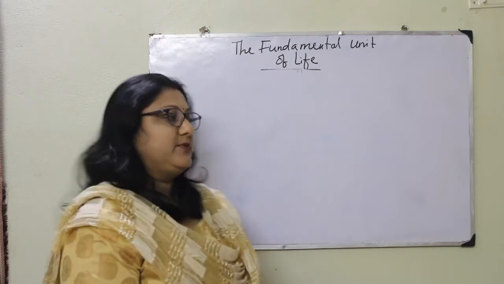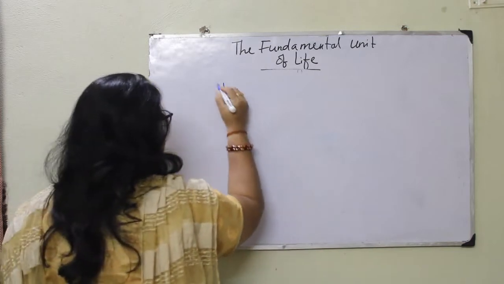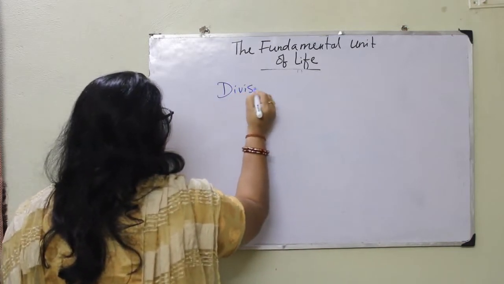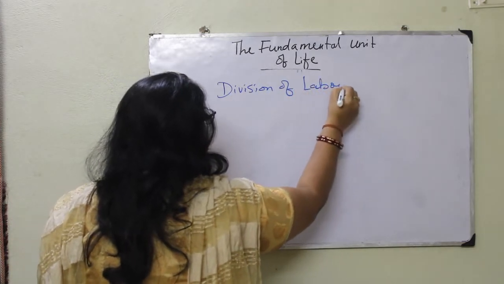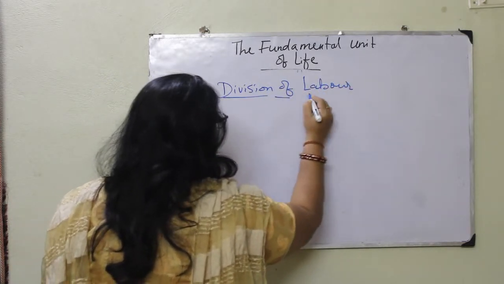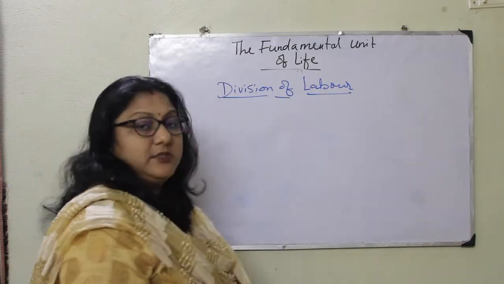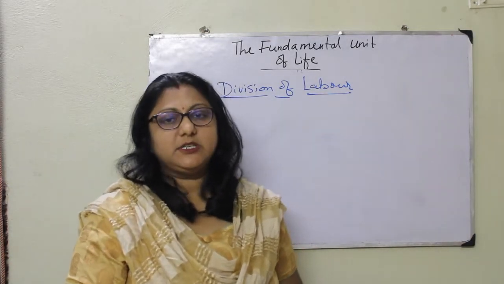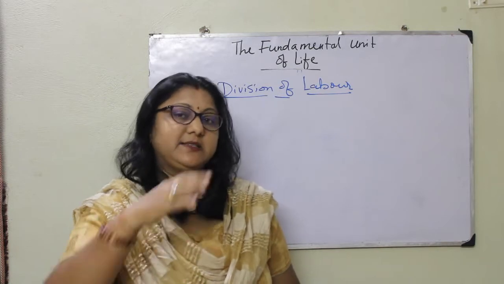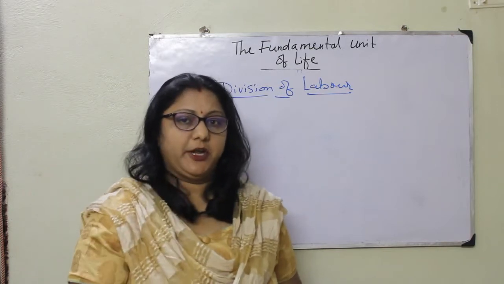Right? Okay. Now the next is the cells, they exhibit a characteristic which is called as division of labor. Now what is this division of labor? Right? So we'll write division of labor. Now when we talk about this term, division of labor, in multicellular organisms, the division of labor is found in all parts of the body.